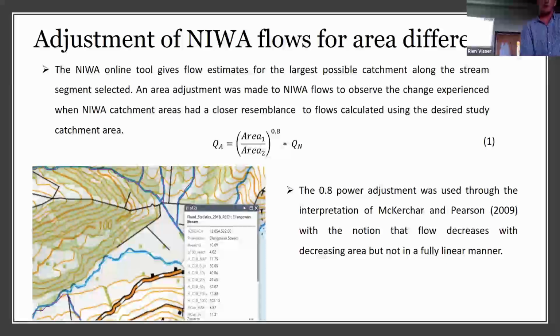So as I talked about, to adjust for the flows produced by the NIWA method not equaling my exact catchment study area, an adjustment was made using the area ratios to the power of 0.8. This adjustment was made through the interpretation of a 2009 study with the notion that flow decreases, but it doesn't exactly decrease in a linear manner.